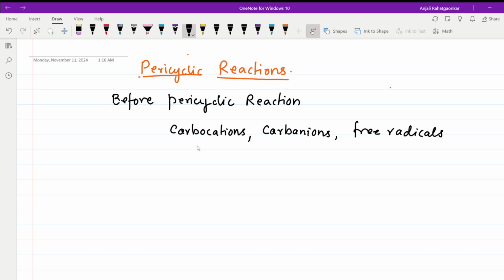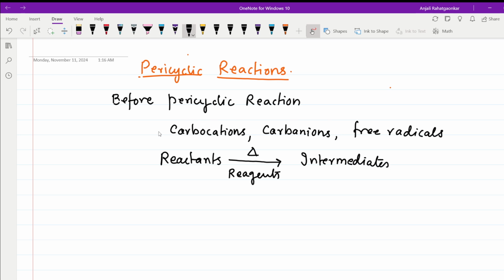So this is the overall picture: we have reactants over here, and we use some parameters, some heat or some reagents are required. They give you some intermediates, which can be carbocations, carbanions, or free radicals.